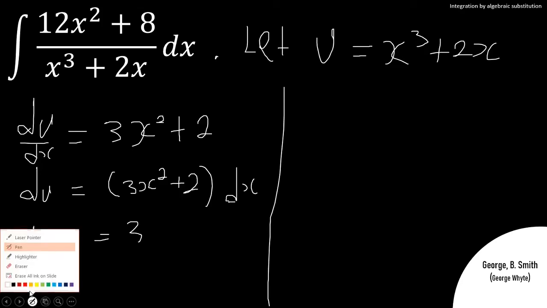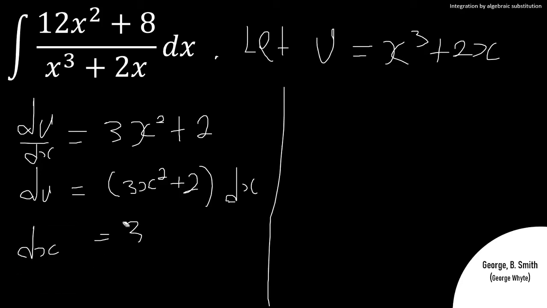Dividing both sides by 3x squared plus 2 is going to give you dx to be equal to du all over 3x squared plus 2. So we have 3x squared plus 2. So this is what we are going to be substituting into this expression. So let's substitute. So we are going to get the integral.